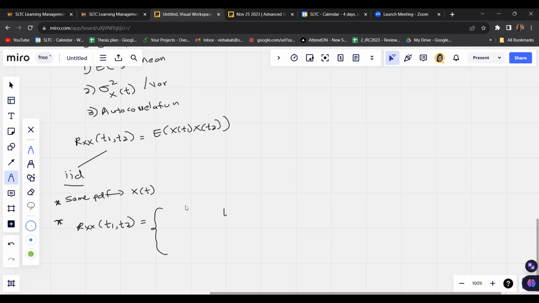If T1 is not equal to T2, let's say they are different first, then the value of this autocorrelation will be the product of these two random variables. So the product between xt1 and xt2 can be taken.